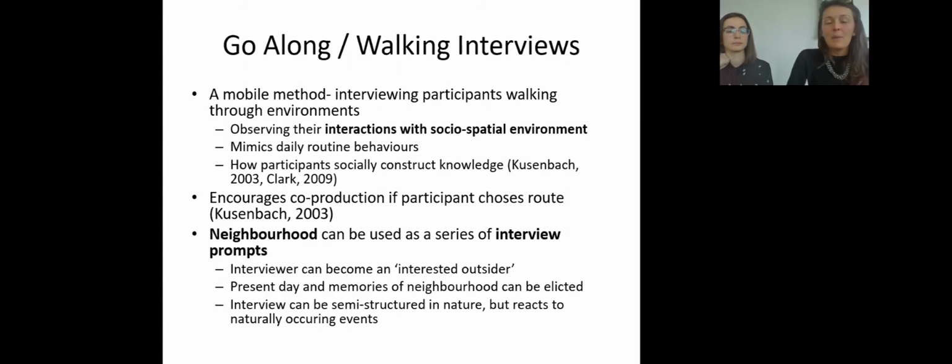But at the same time, the beauty of go-along and walking interviews is that you allow the social interaction between the participant and the neighbourhood to direct what is going to be discussed and elicited. So you're using walking through a setting as your stimulus for the discussion and as prompts and probes, in a way that you would have probes and prompts in a normal interview with your interview guide. So you're letting the neighbourhood and the environment that you're walking through essentially be the interview guide.